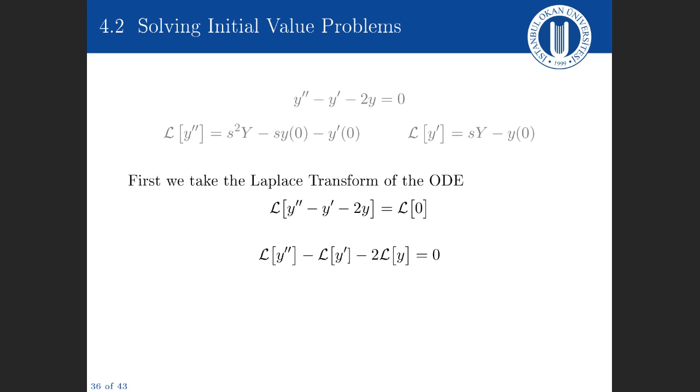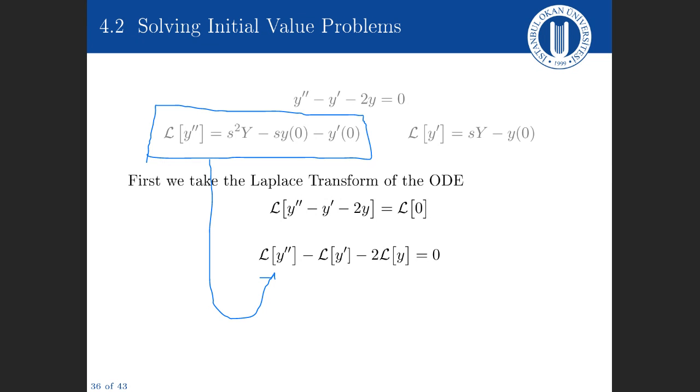And remember, we have these formulae for the derivatives. We know that the Laplace transform of y double prime is s squared capital Y minus s y of 0 minus y prime of 0. We can use that here. And we also know that the Laplace transform of y prime is s capital Y minus y of 0.